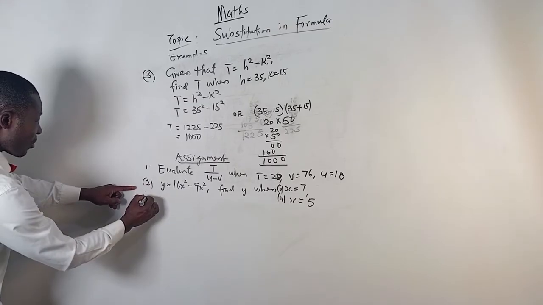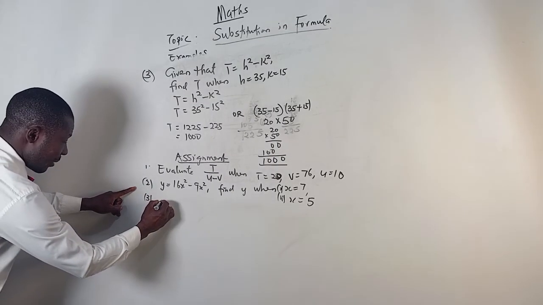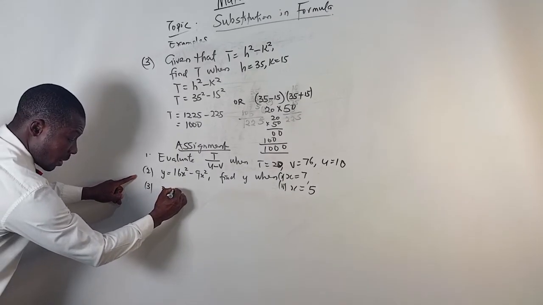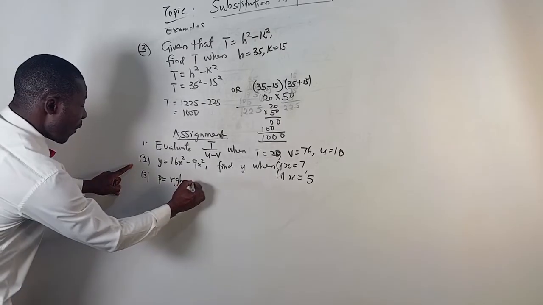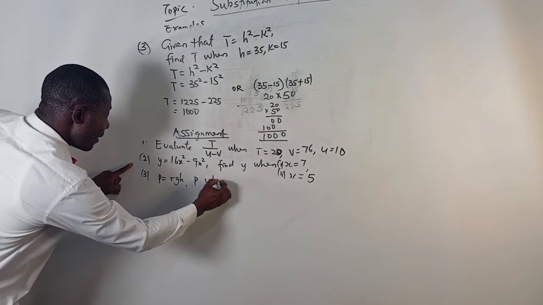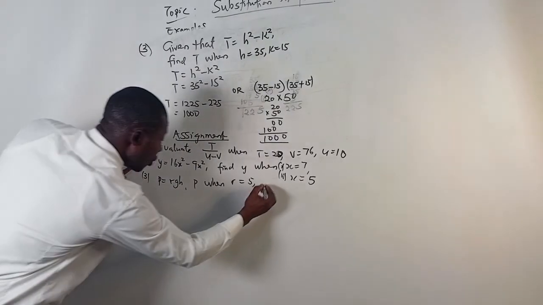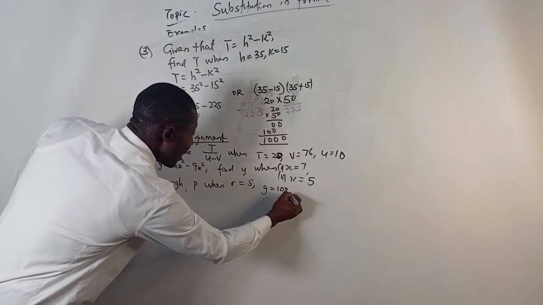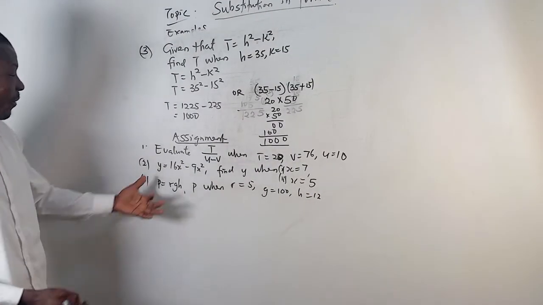Let me add another question to it, to make it 3 assignments for today. That is, if you have an equation that P equals RGH, we have to look for P when R equals 5, G equals 100, and H equals 12. So this one will be our assignment for the day.